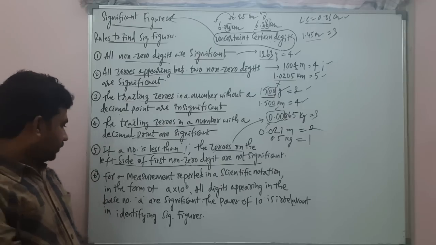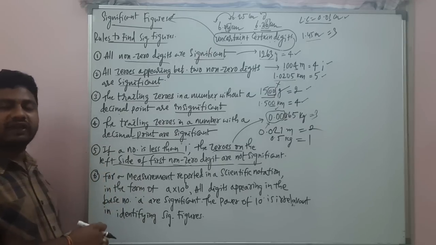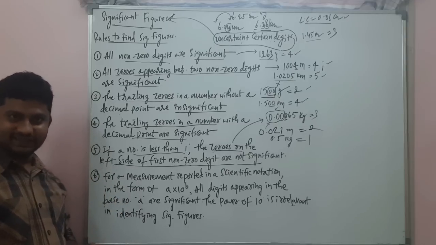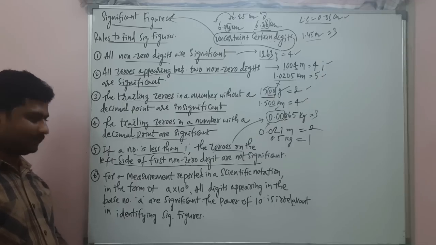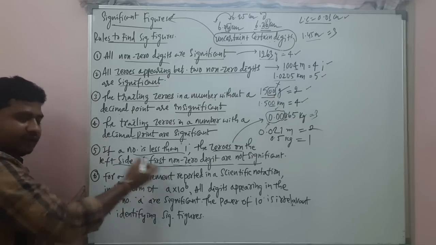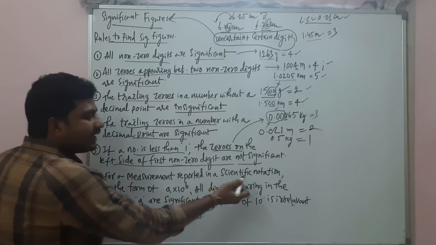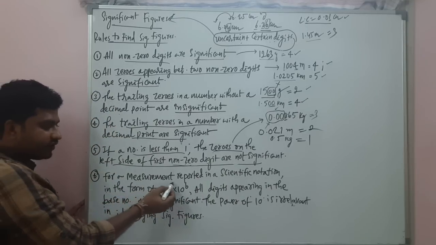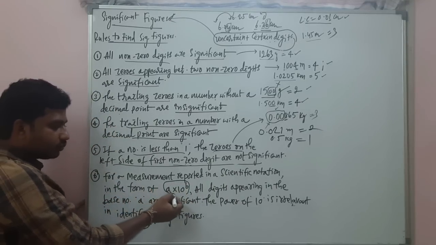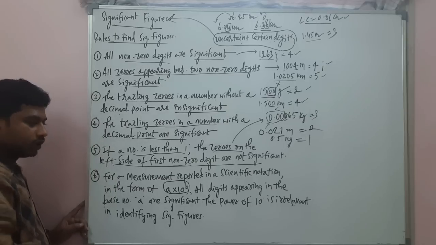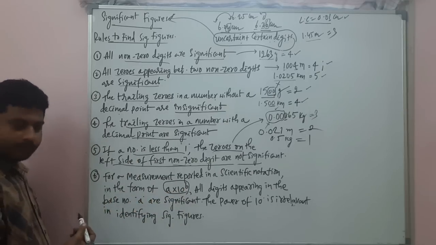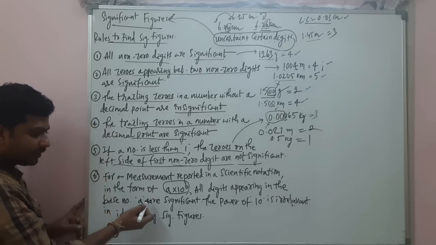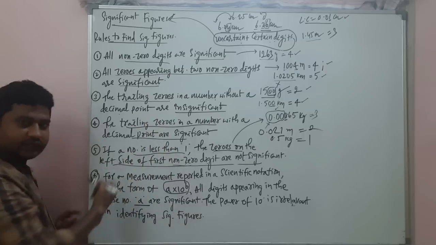Alright, my dear students, the 5 rules we have done. We have only 7 rules. The 6th rule, let's discuss. What's the 6th rule here? For a measurement reported in scientific notation in the form of A times 10 raised to B, all digits appearing in the base number A are significant.